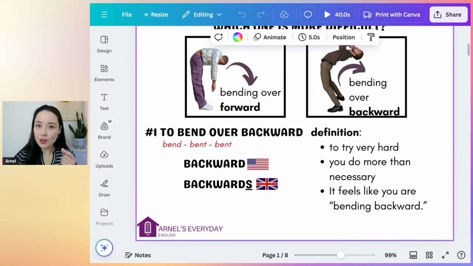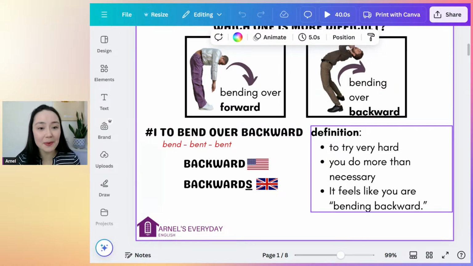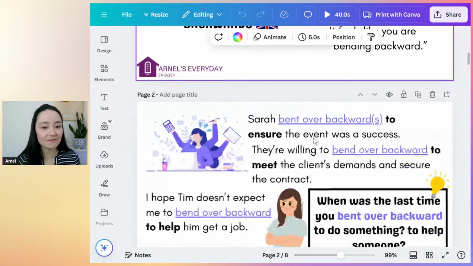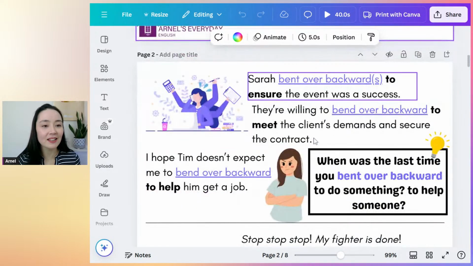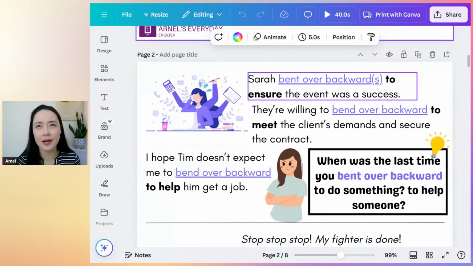Okay. So now that we know to bend over backward is to do something that's difficult, like this position, let's look at a few examples. Sarah bent over backwards to ensure the event was a success. And you can see I've highlighted the verb. Usually after this expression we have a verb.